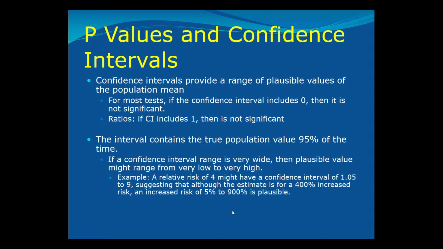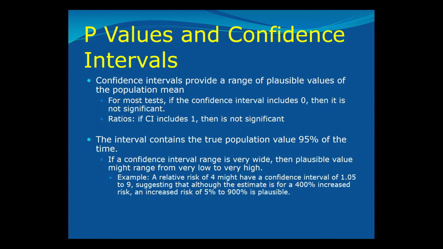Confidence intervals provide a range of plausible values of the population mean. In most tests, if the confidence interval includes 0, then it is not significant. If we have ratios, if the confidence interval includes 1, then it's not significant. The interval contains the true population value 95% of the time.